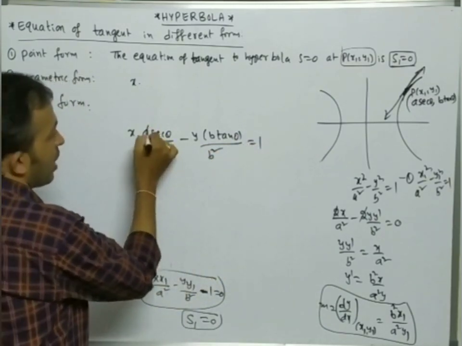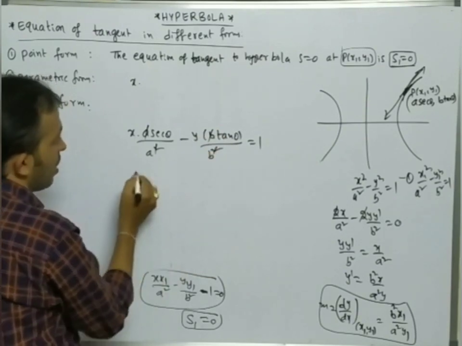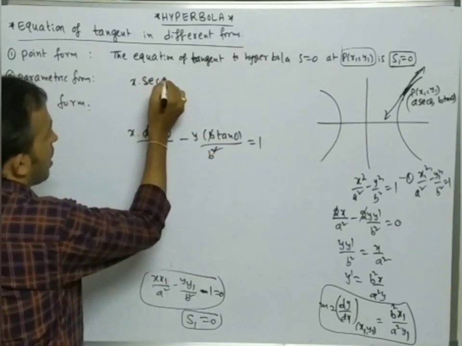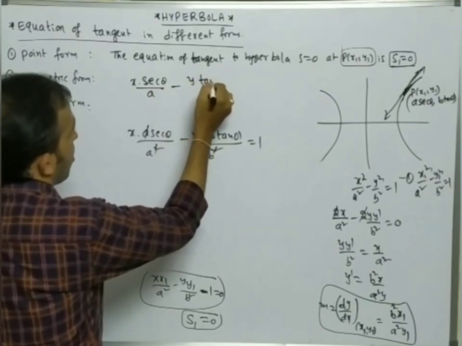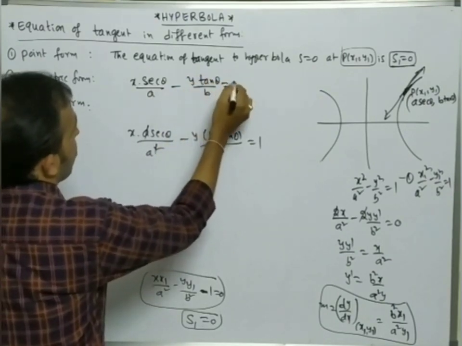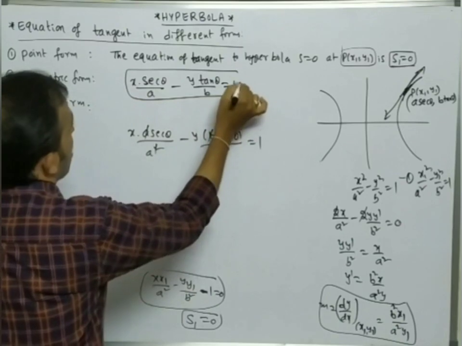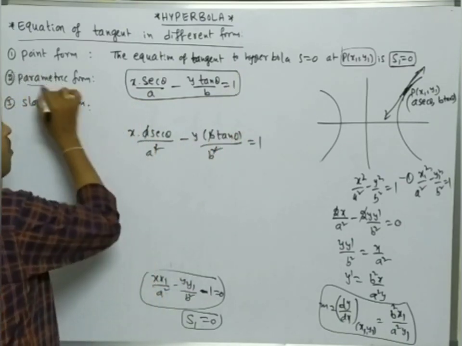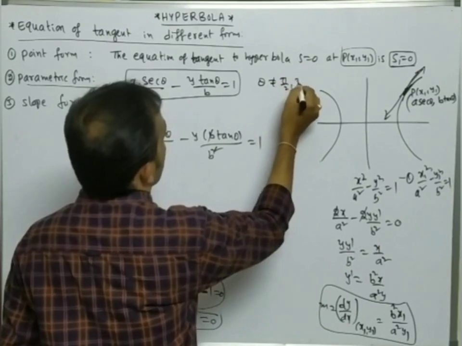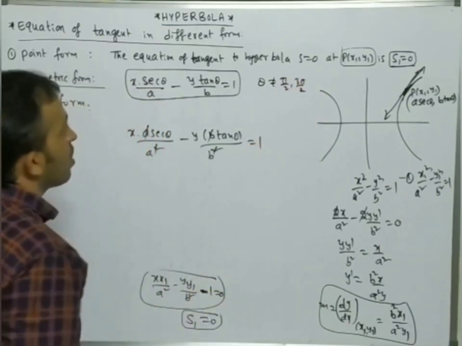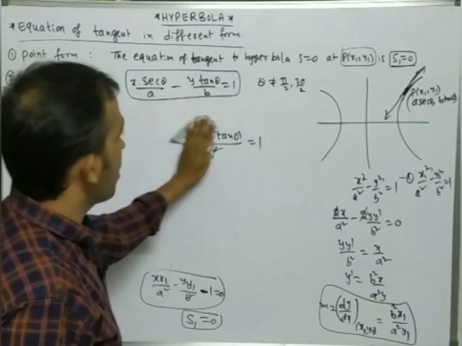So one a gets cancelled, one b gets cancelled. So finally x sec theta by a minus y tan theta by b is equal to 1. This is the equation of the tangent in parametric form. The conditions are theta not equal to pi by 2, 3 pi by 2, where sec theta and tan theta are not defined.